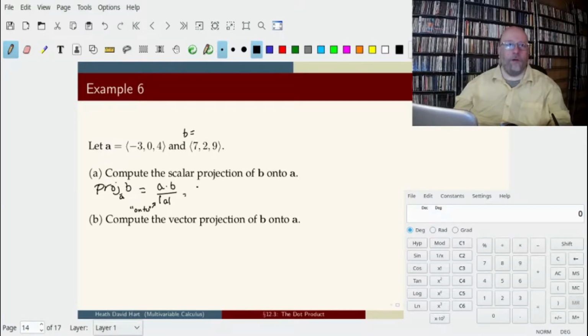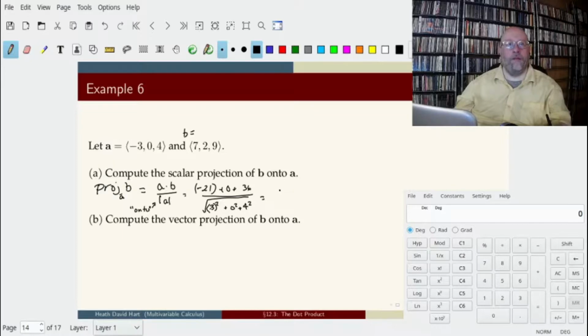So the dot product we can calculate. It's negative 3 times 7 is negative 21. 0 times 2 is 0. And 4 times 9 is 36. And the magnitude of A, you might already recognize there's a 3, 4, 5 triangle here. But I'll write it out as the square root of negative 3 squared plus 0 squared plus 4 squared.